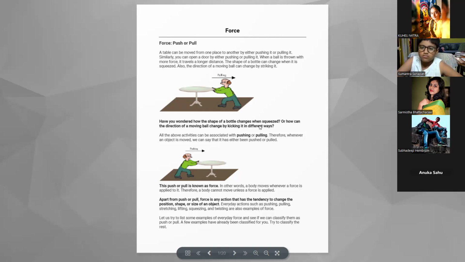Can we change the magnitude of these forces? No. Can we change the direction? No, miss. Why? Miss, they are non-contact forces. They cannot be touched. Very good, Anuka.